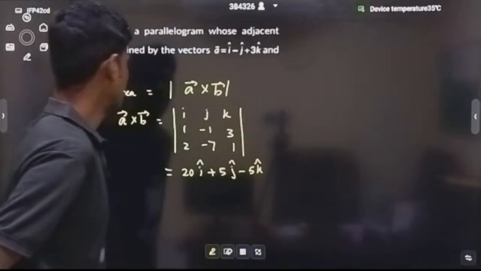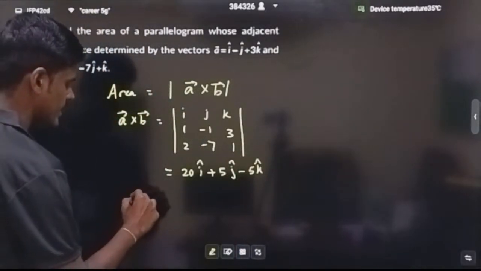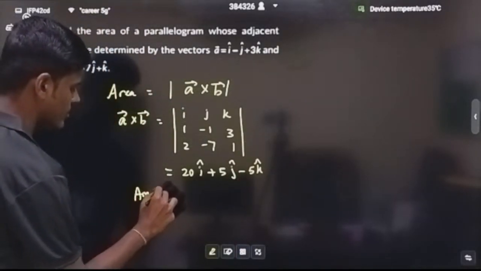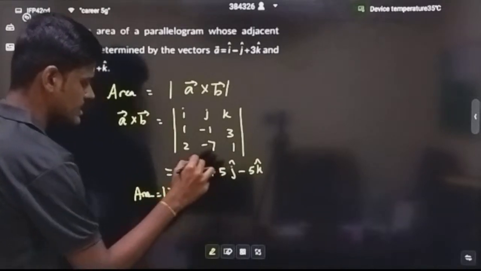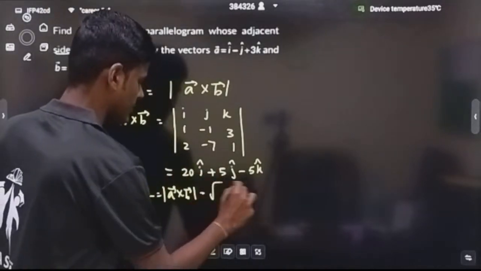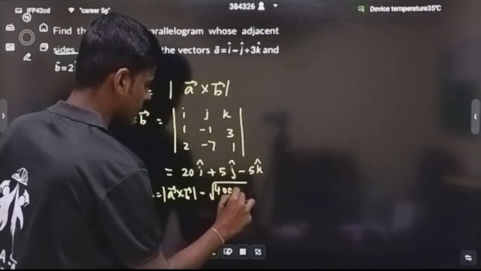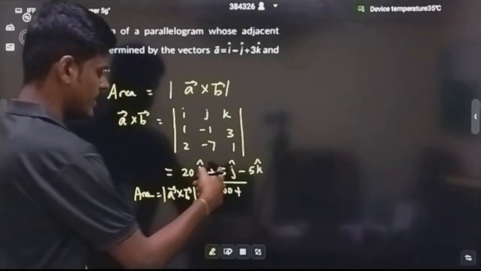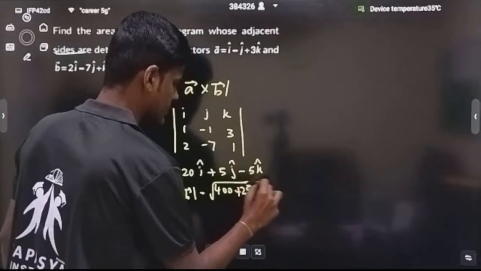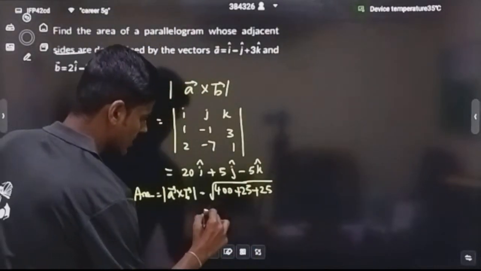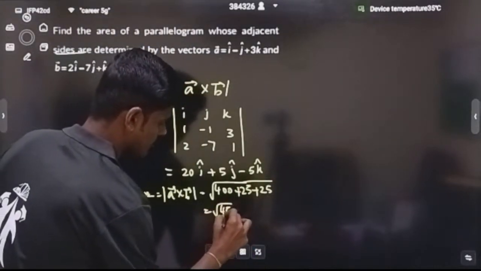k cap. Now what is the area? Area required is the modulus of A cross B, that is equal to square root of 20 square, that is 400, plus 5 square, 25, plus again 5 square, which is 25. So required answer is square root of 450.